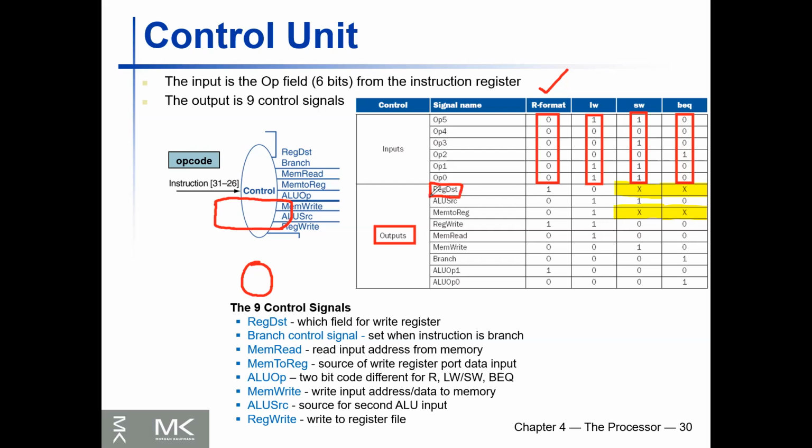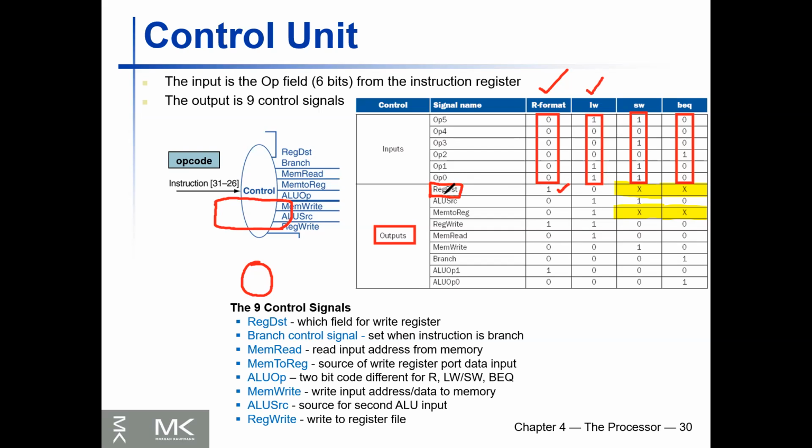Yes, exactly. Because the R format requires 3 registers and 1 is the destination. So this signal is 1. Getting it? All right. What about the load word? Do we have a destination register in the case of load word? No.